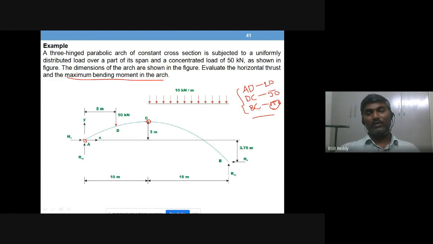Even without all this, you can guess that the maximum bending moment occurs in region BC, where the load is very high. But if you just say the maximum occurs in BC, then what is the proof? So let us try that.